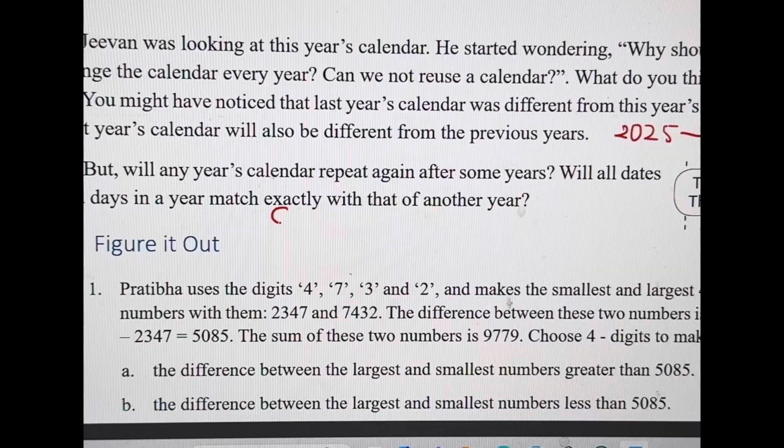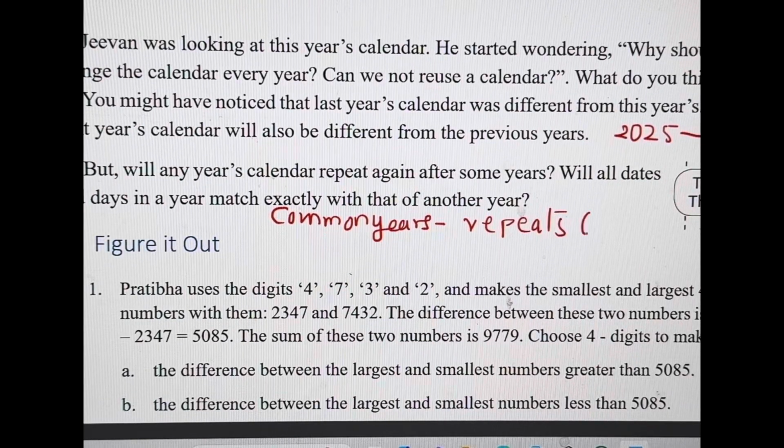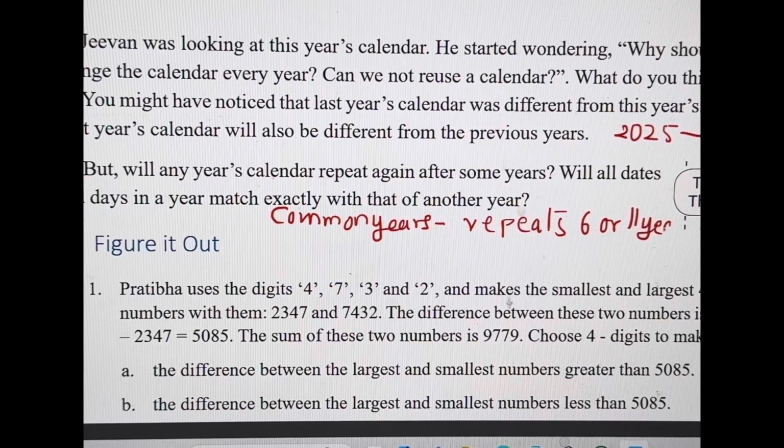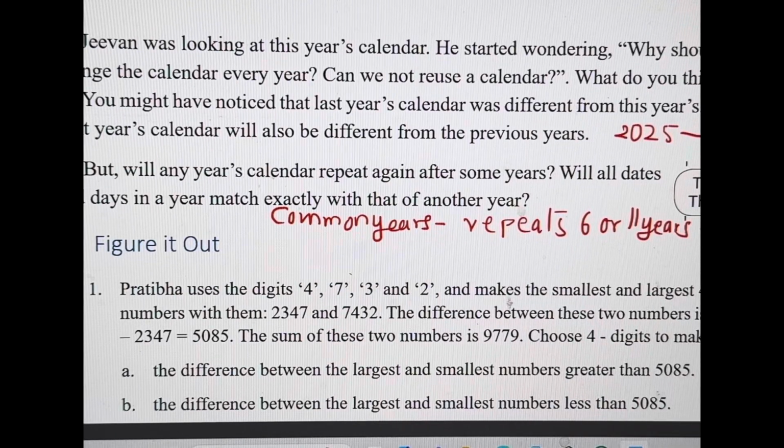So I'll write here: for common years, repeats after 6 or 11 years. Like I gave you the example of this year, 2025 will be repeated after 6 years, that is in 2031.